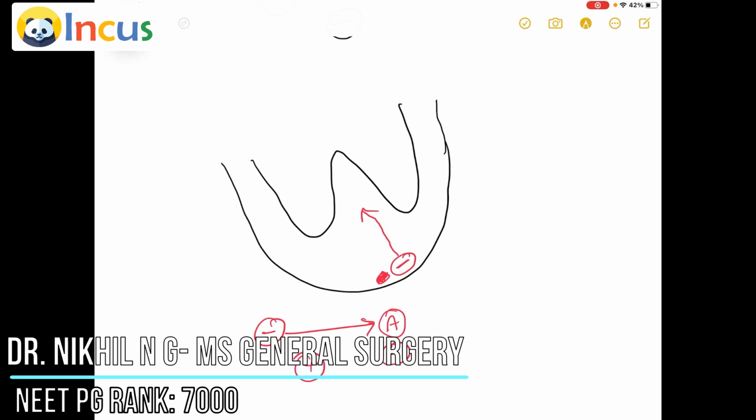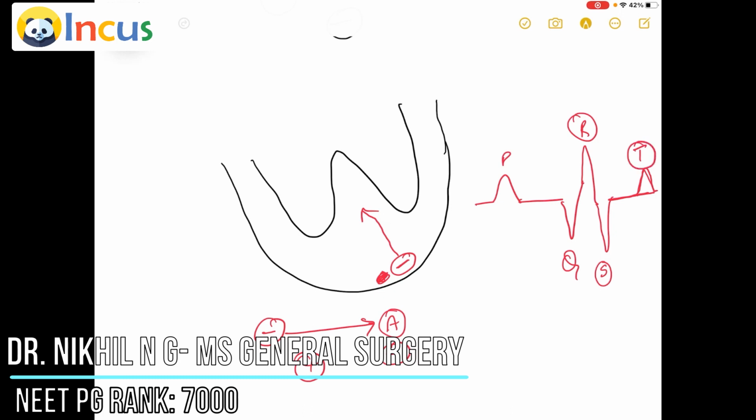Minus into minus forms the plus. So P was atrial contraction, AV node, Q septal, R was muscular, S was basal, then there is a straight line because everything was depolarized. Now because of repolarization there is a positive wave. Minus into minus is plus, so the repolarization forms a positive wave and this is the T wave.